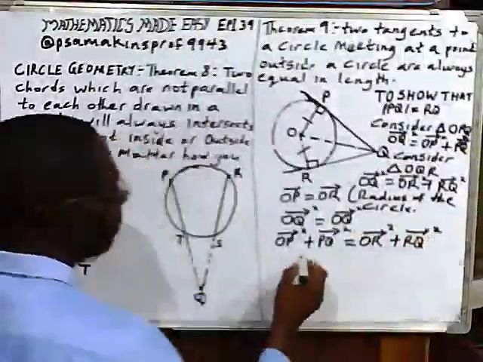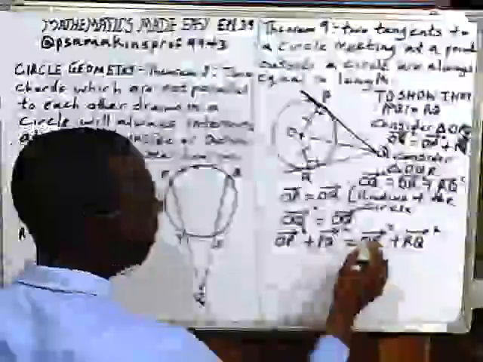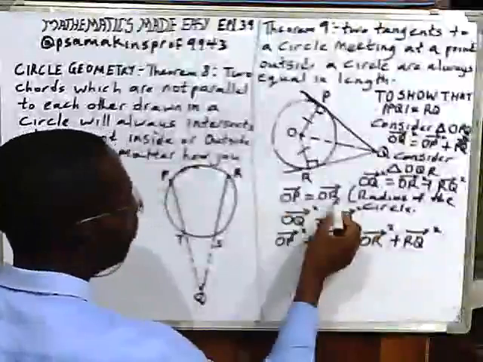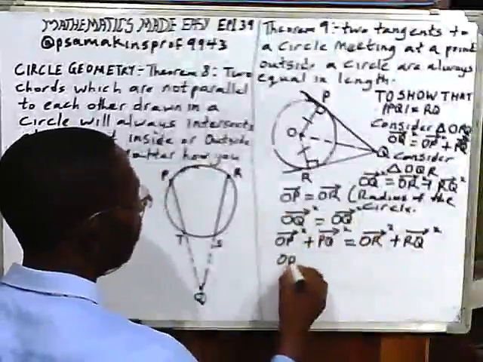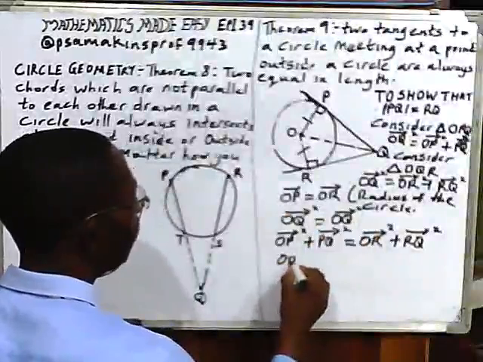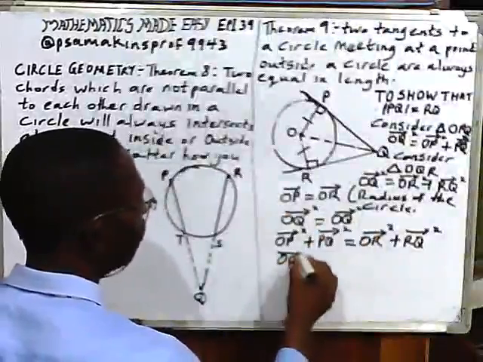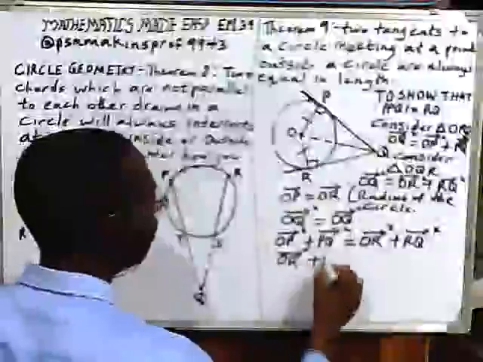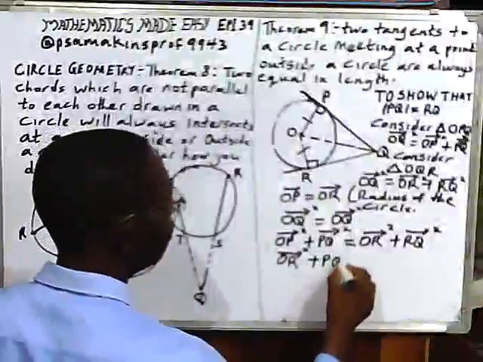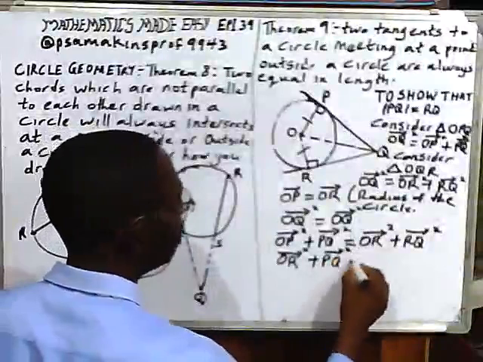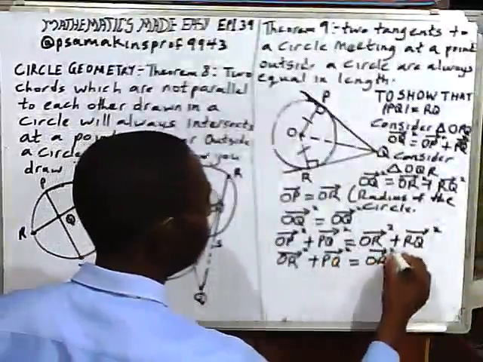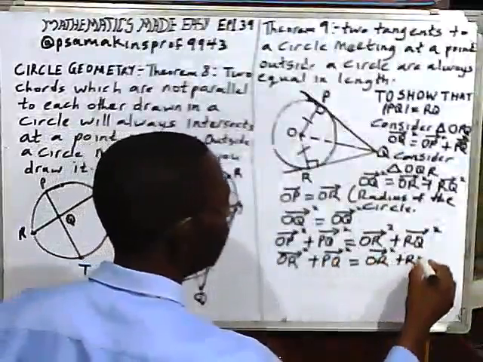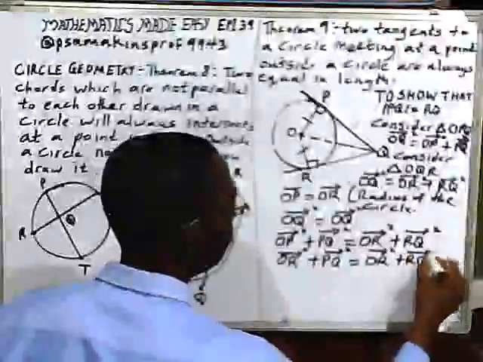Since OP is equal to OR, we change it to OR squared plus PQ squared should be equal to OR squared plus RQ squared.